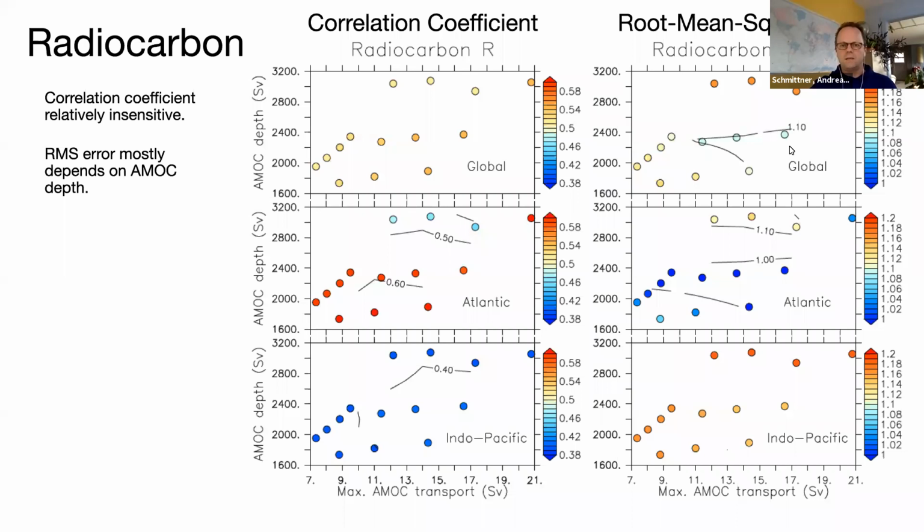It may include rate information, but if there's rate information in there, it is really hard to see. The depth really is dominating the radiocarbon distribution rather than the strength of the AMOC.